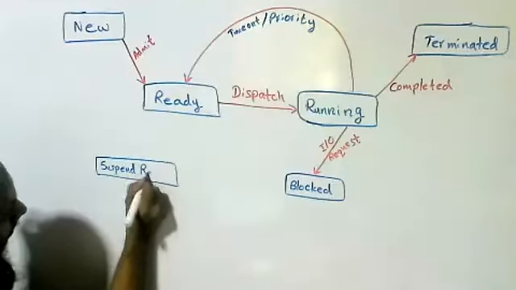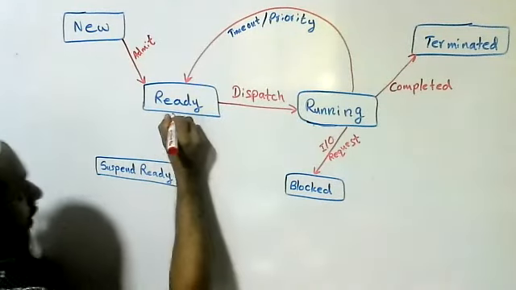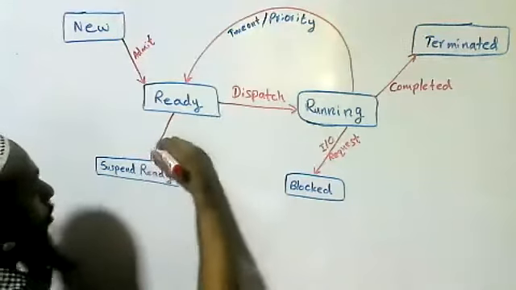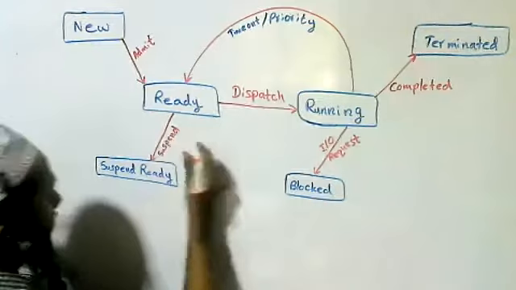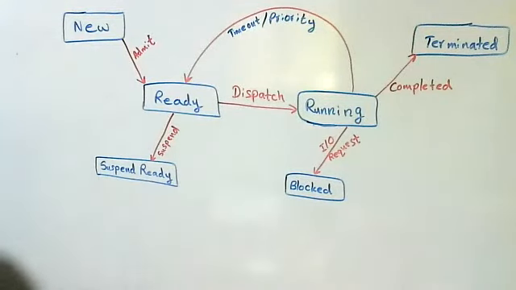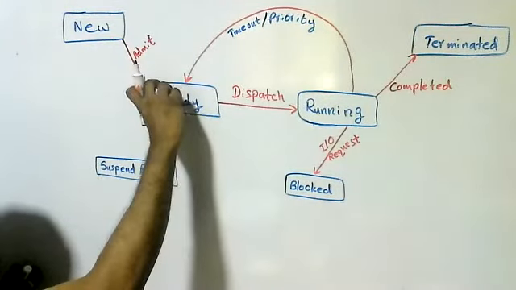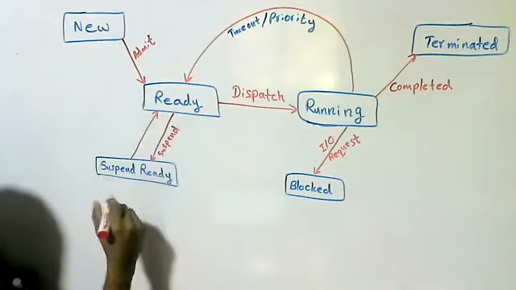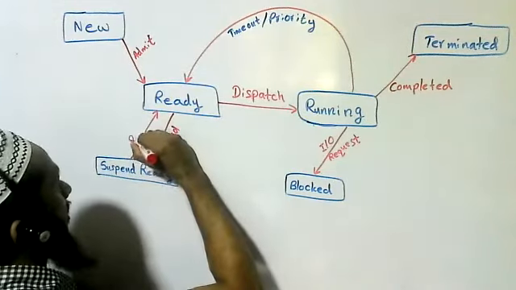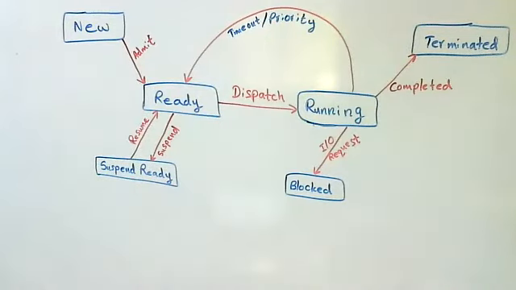That is called swap out, or we can call it suspend. And whenever space in main memory is available, the processes in suspend ready state go to ready state. That is called resume, or we can say swap in.